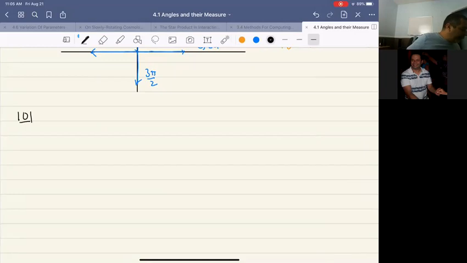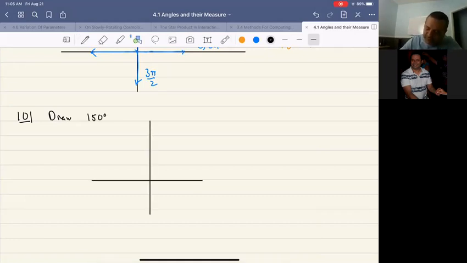Number 10, draw the angle 150 degrees. So I know that 150 degrees should be more than 90, less than 180.